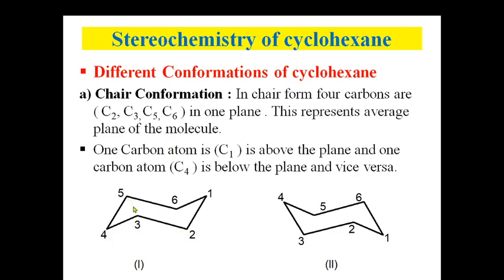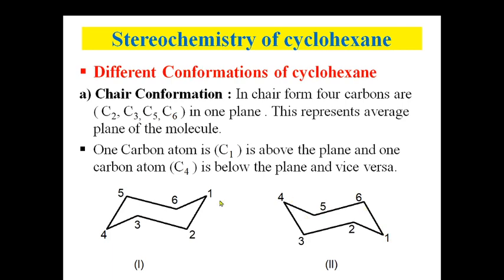If you see here, they're making one plane. That plane is known as the average plane of the molecule. And the C1 carbon is above the average plane, and the C4 carbon is below the average plane, or C1 carbon is below the average plane and C4 carbon is above the average plane.